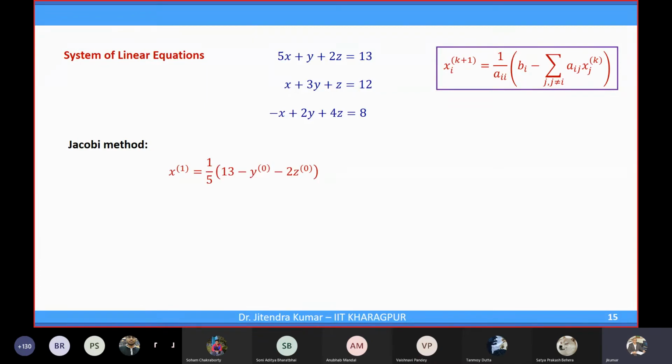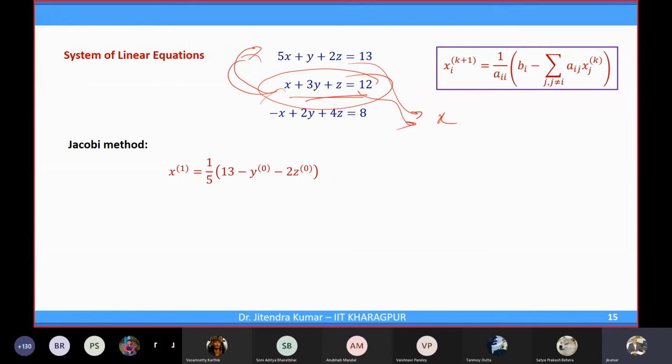Sir, can we take y from the first equation rather than x? Well, that means you are actually shuffling your equations. You want to take, for example, y from there and x from there. So the first component x you want to take from this equation. The meaning is that you are actually considering this equation first and computing your x and so on.